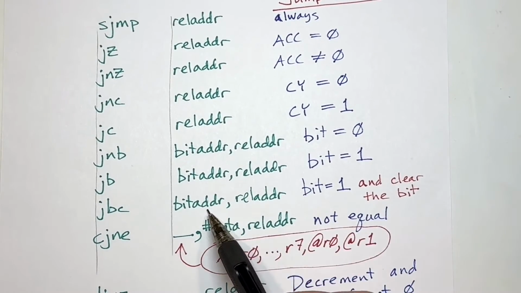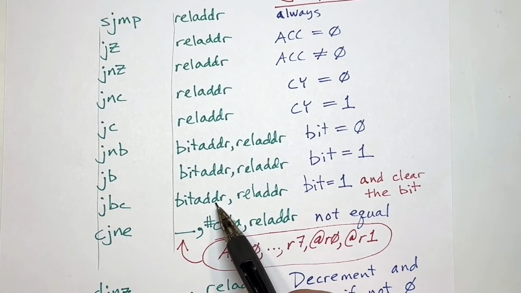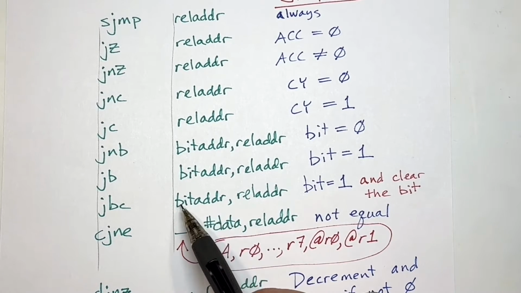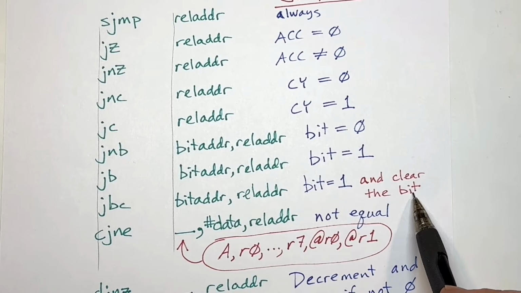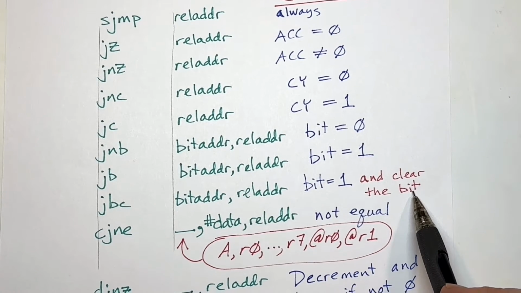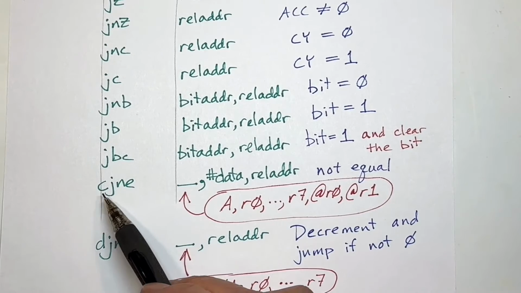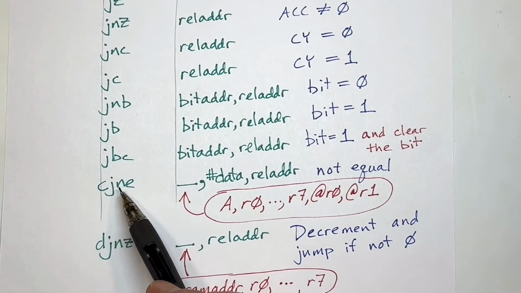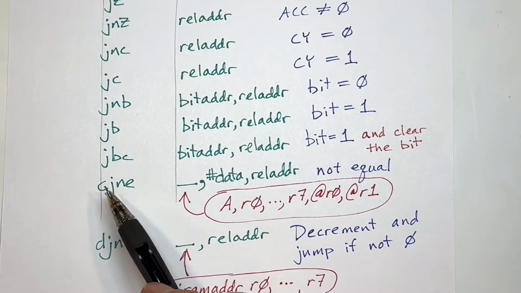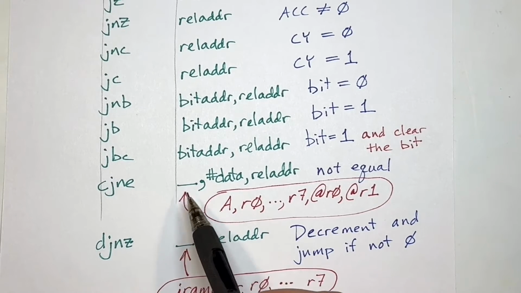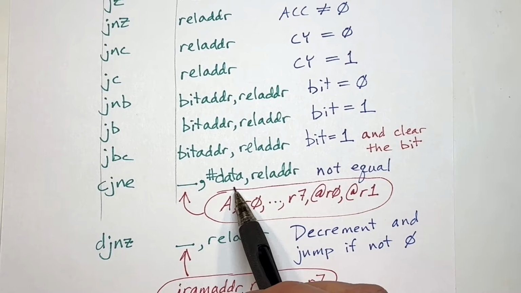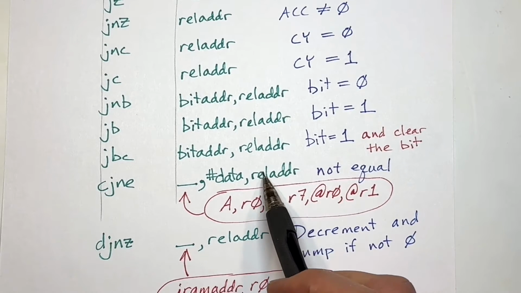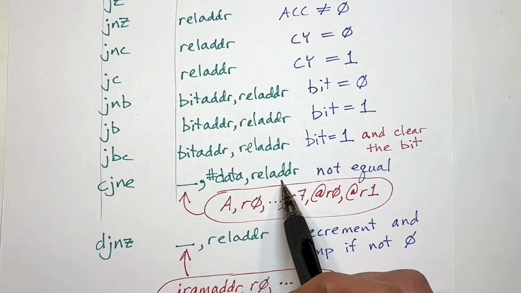And then we also have this jump and then clear, which tests the bit and then jumps if it's 1, but also has the side effect of clearing the bit to 0. And then we have this compare and jump if not equal. So here we are comparing something to an immediate value and jumping to some location, again specified with a relative address.